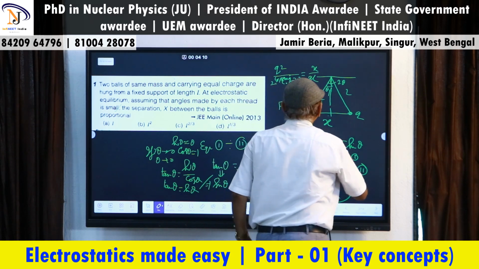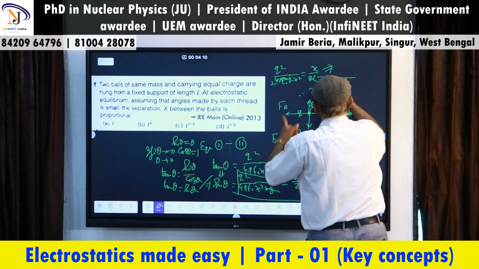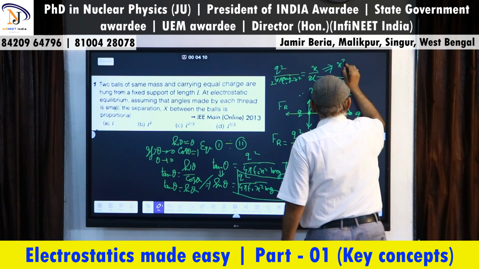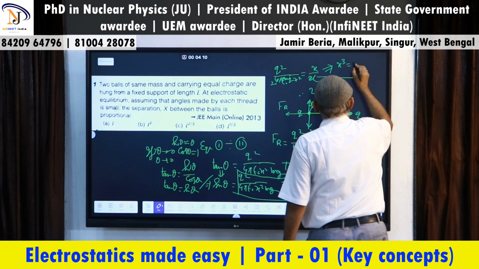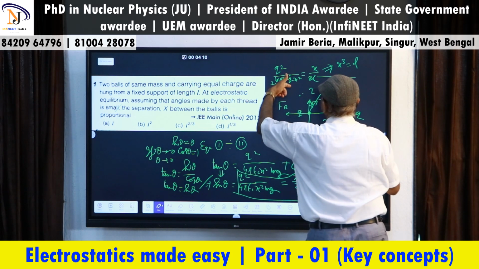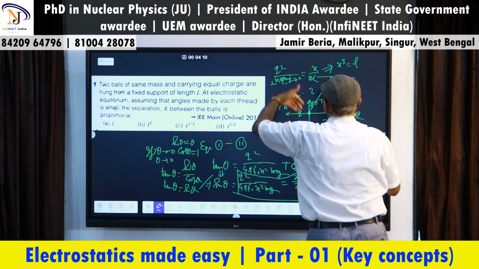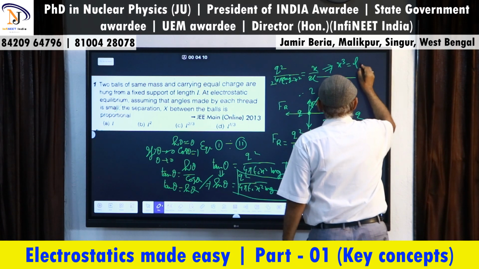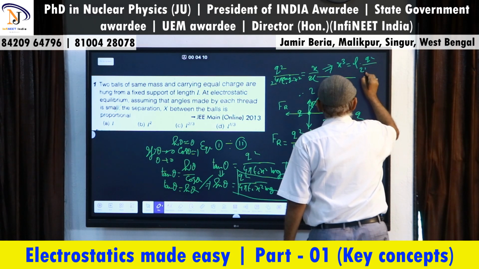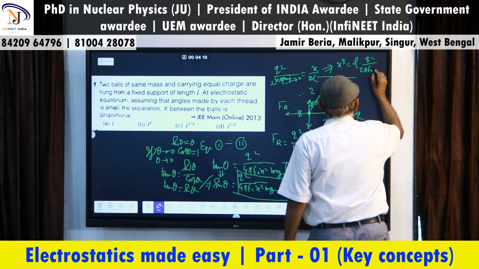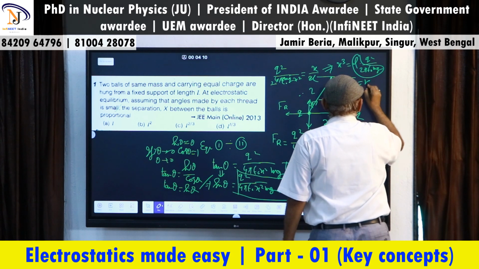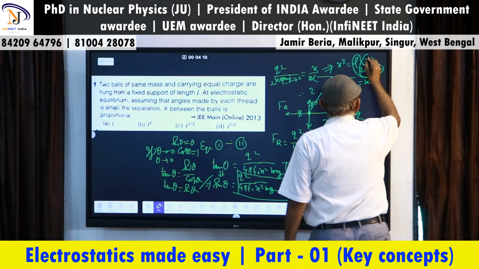What can you write? x cube equals L into Q square by 4 pi epsilon naught mg, and this is constant.